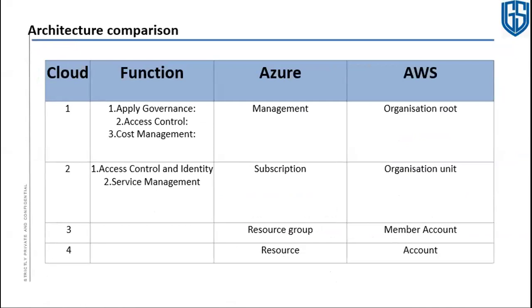GCP, from Google Cloud, has more of the SaaS level things. They will directly give you SaaS level things, which is why we are not comparing it at these lower levels. So Azure and AWS are what we are going to compare.